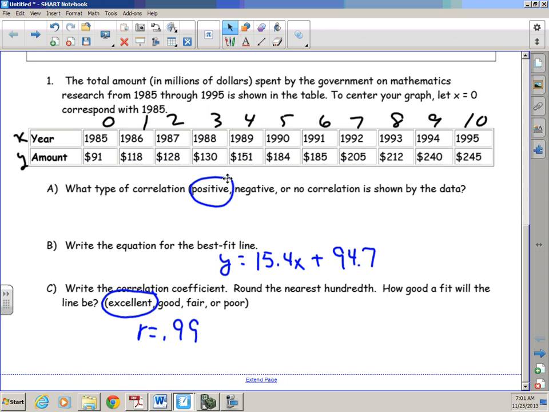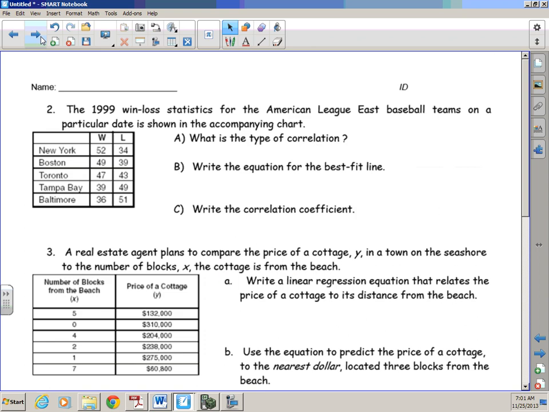Okay? So I'm going to go back now to the next questions. Now, I'm not going to do all of these on the calculator because all you're going to do is sit there and watch me type in information. So I'm just going to give you the answers to the rest of this, and you should be checking that what you did on the calculator matches up. For number 2, this is a negative correlation.